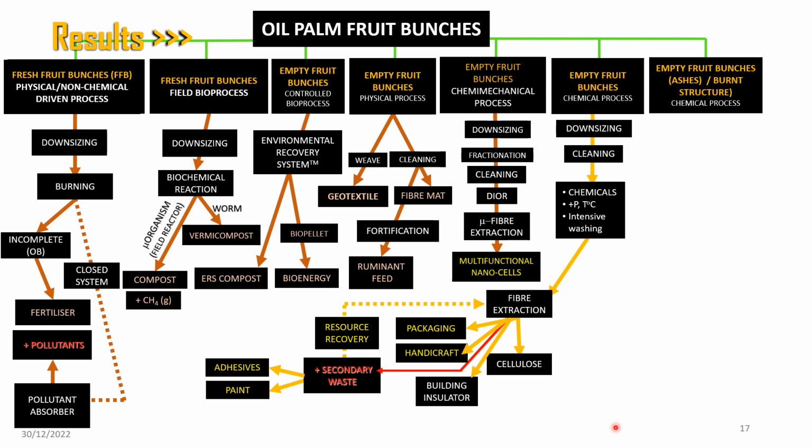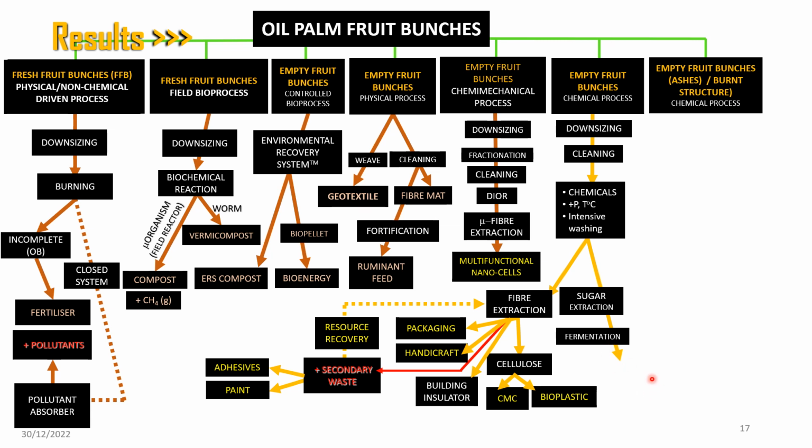But from the cellulose, processing can proceed to produce CMC, bioplastics, and there are various ways from pulp of EFB. We can also extract sugar, carry out fermentation to get ethanol or biofuel.